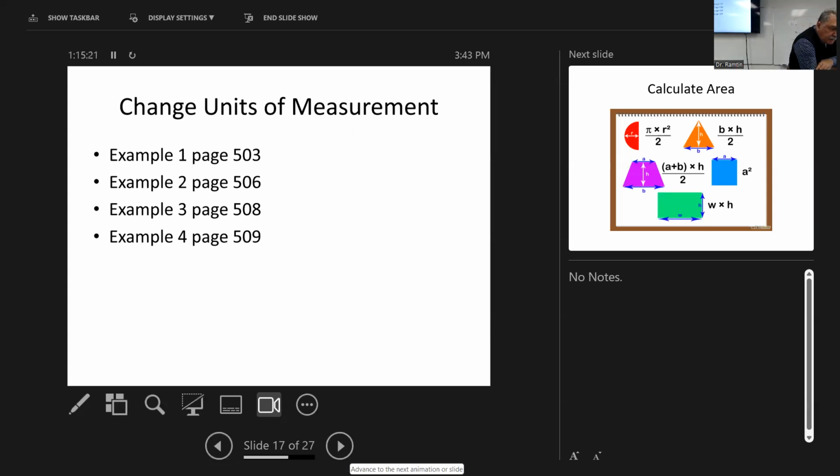Let's look at example B. We have 13,200 feet. It says convert that to miles. So I have 13,200 feet, and I want to get it in miles.